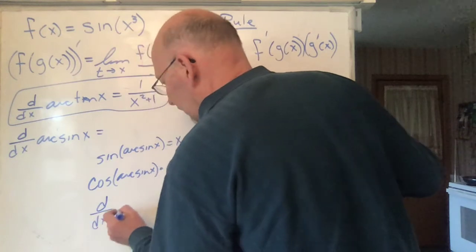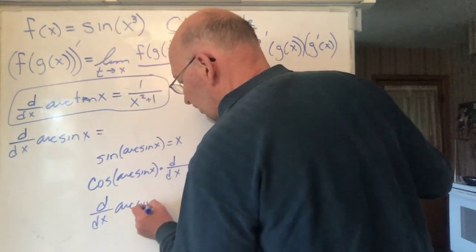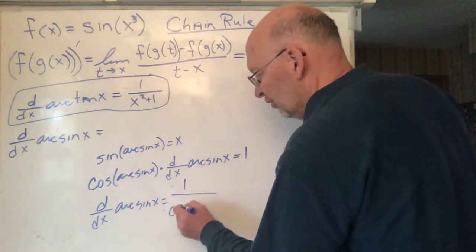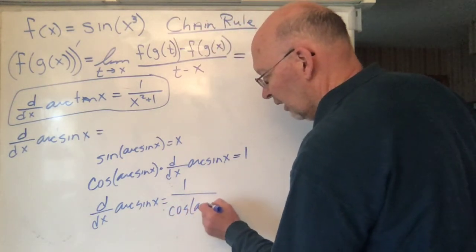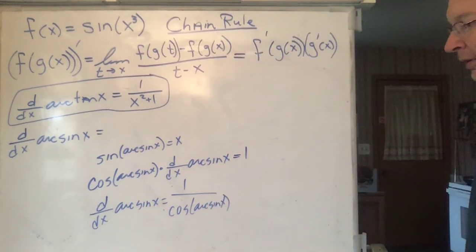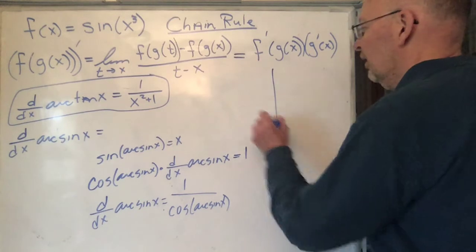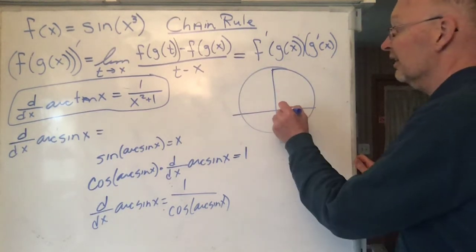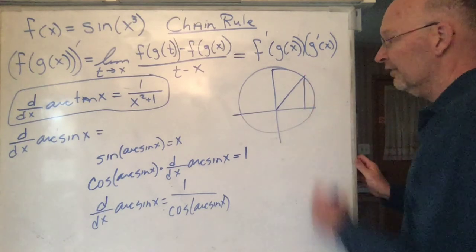So now I can solve for this again, and I get the derivative of the arcsine of x is equal to 1 over the cosine of the arcsine of x. Okay, so let's do the same thing as we did before. This time I'll just put it in a unit circle. So here you have yourself an angle.